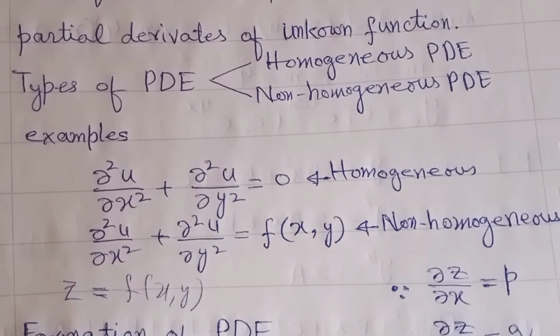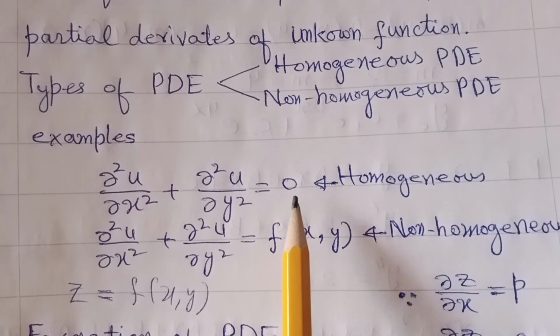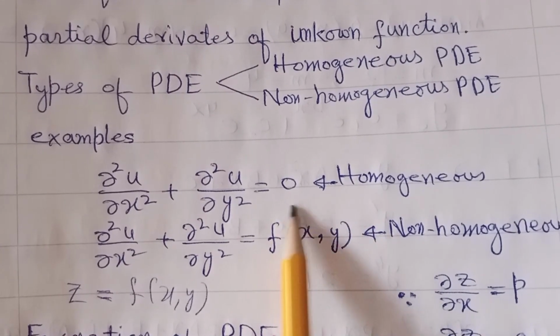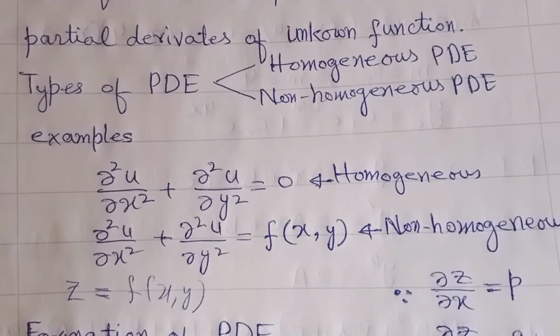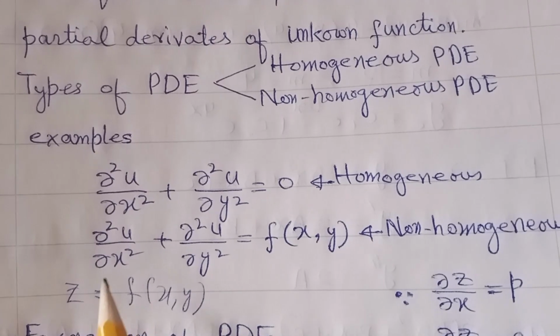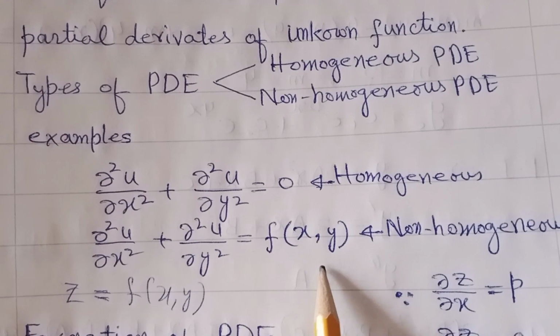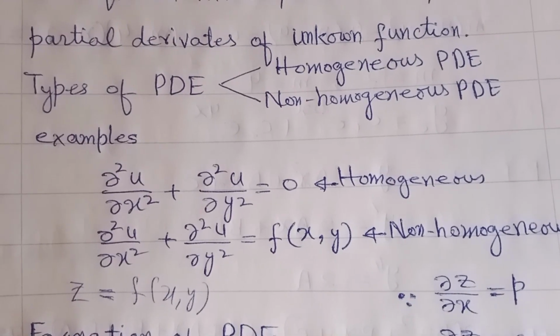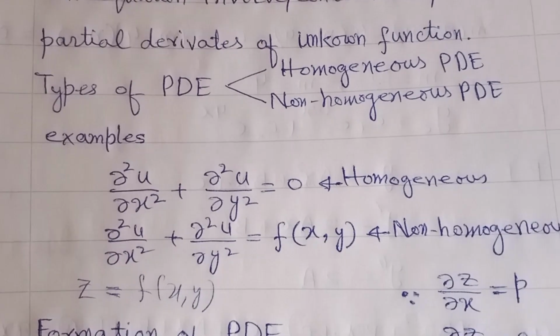These are known as partial differential equations, and the right hand side of the equation is 0. So this type of differential equation is known as a homogeneous partial differential equation. Similarly, if we have a similar partial differential equation with f of x y on the right hand side, such kinds of differential equations are generally known as non-homogeneous partial differential equations.